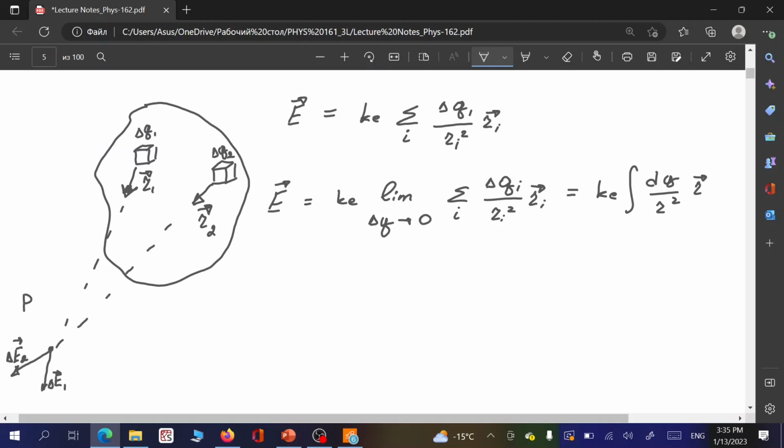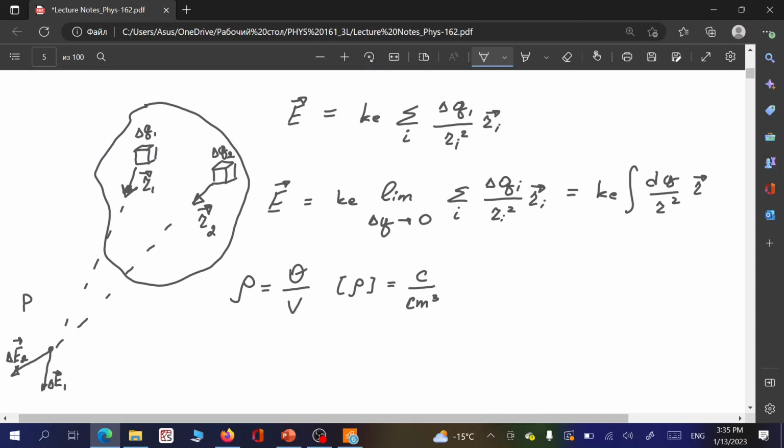When we have volume distribution, like three-dimensional, we consider density of electric charge rho, and that is Q, the total electric charge, divided by total volume. The units for this density are Coulomb per cubic centimeter.